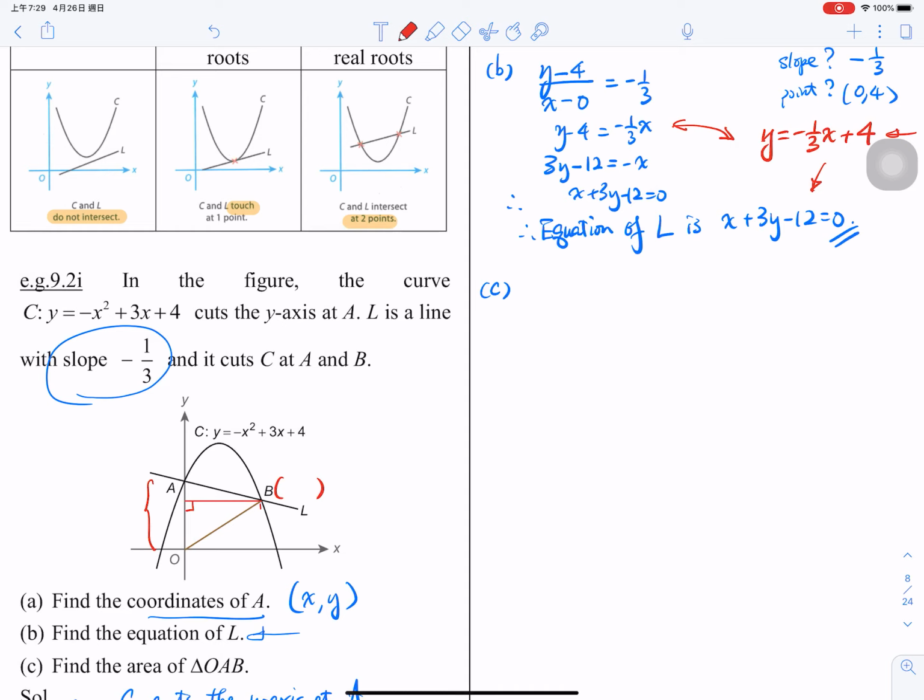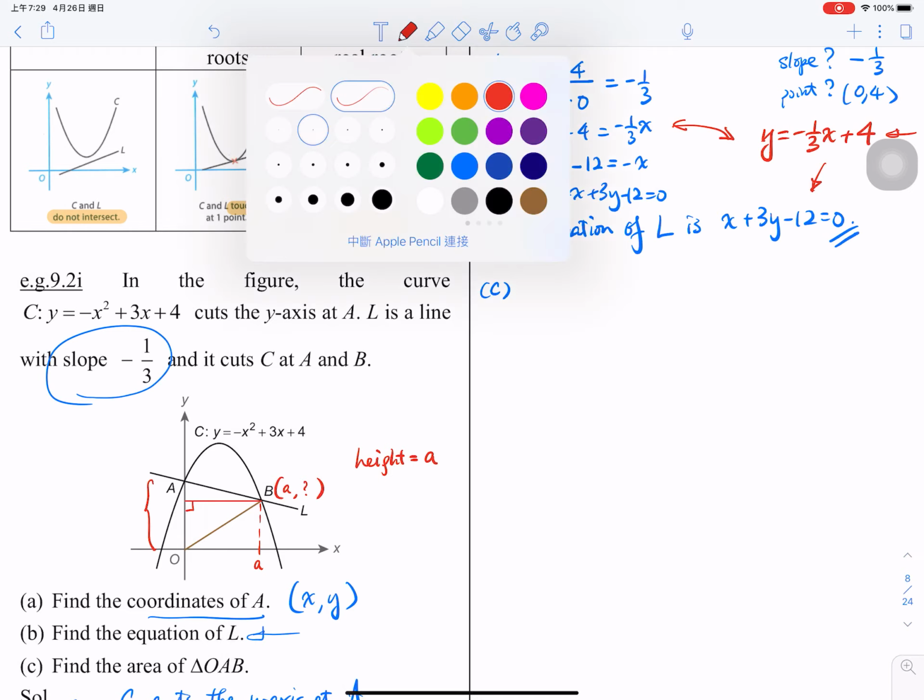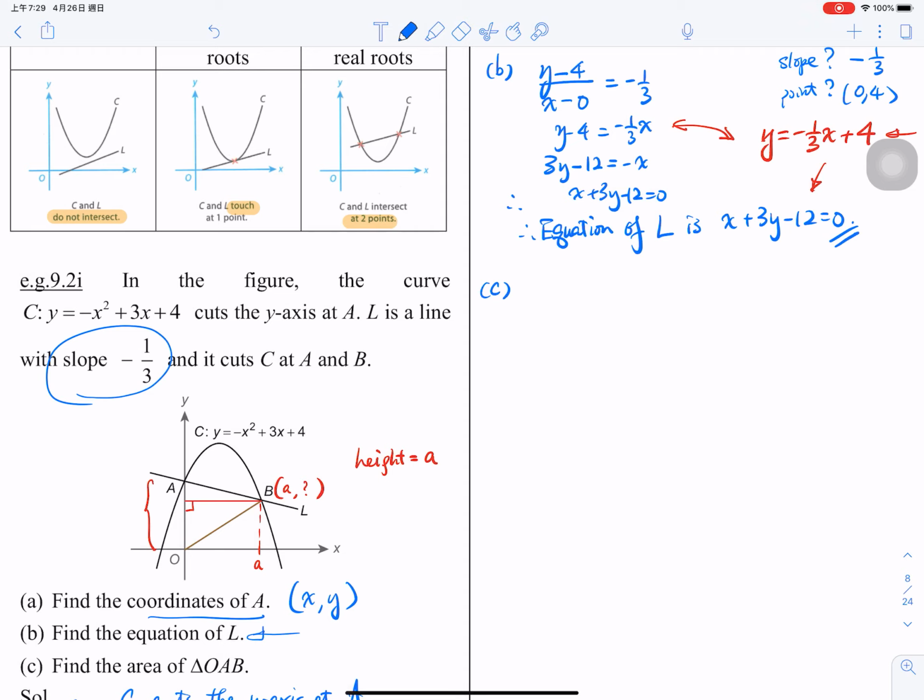So here, maybe we have a certain value, A, okay? And we don't know the height, right? So if we can find the value of A, then the height of the triangle equals to A, right? So let's see. How can we solve the coordinates of B?